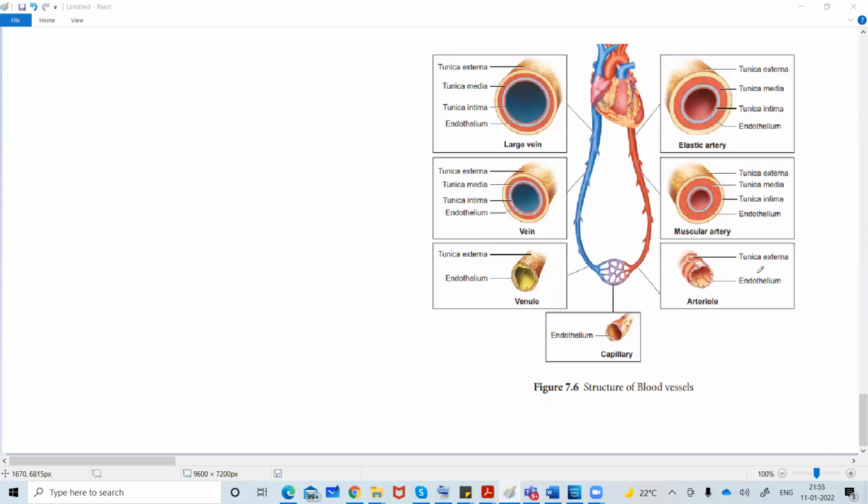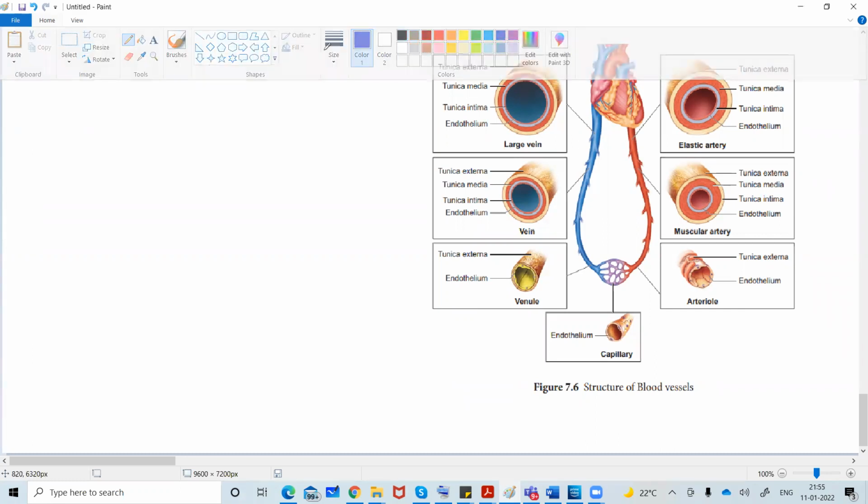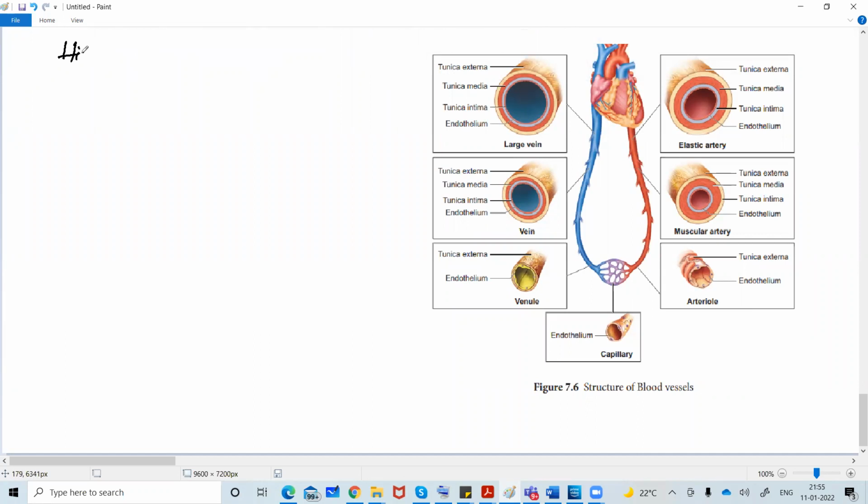Today we'll see the histology of the blood vessels, how the overall structure looks like. So the topic is histology. In the last lesson, we have seen the structure of arteries and veins separately.